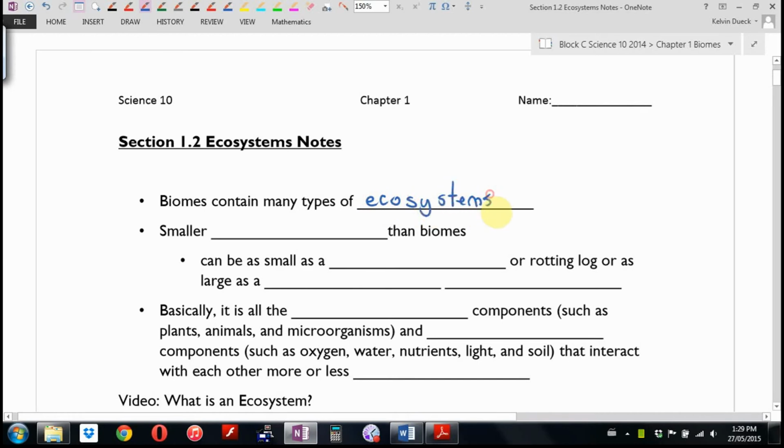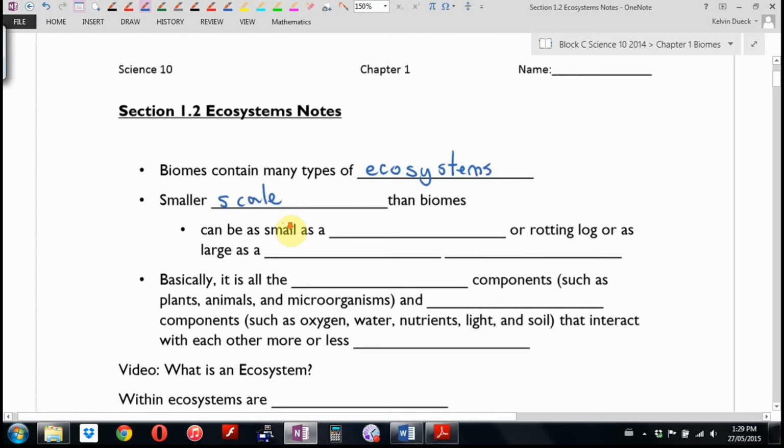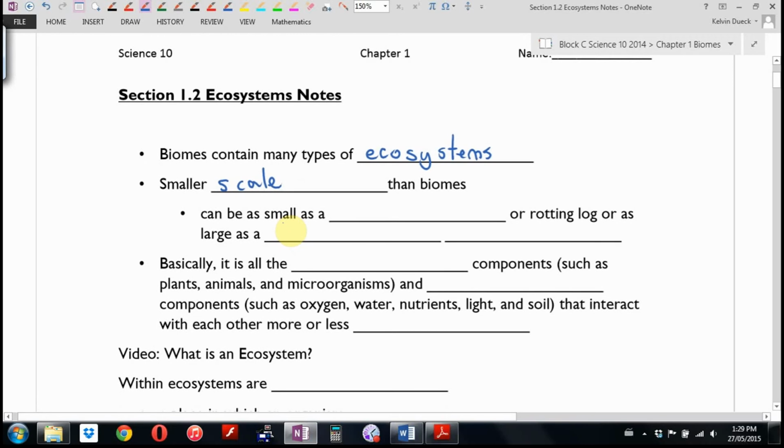ecosystems, which already sort of tells you what an ecosystem is. It's a subpart of a biome. We can be more specific. They're much smaller scale than biomes, but there's a wide range. They can be as small as a tide pool, the size of my desk, or a rotting log.